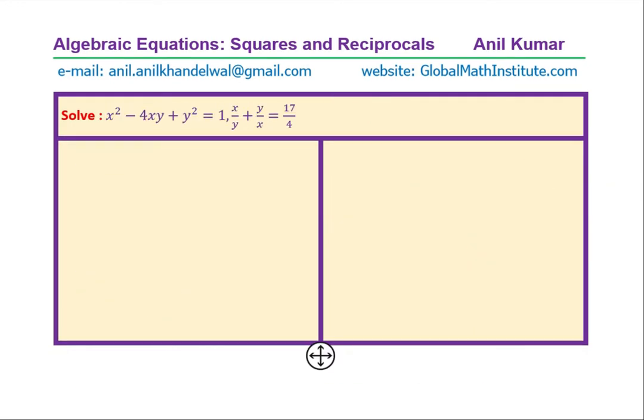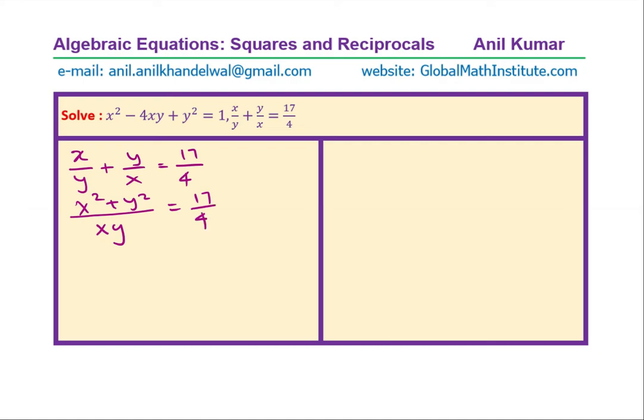So let us see how we solve this particular question. Let me begin with one of the given equations, x over y plus y over x equals 17/4. So if we take the common denominator, we'll get xy, and in the numerator, we get x squared plus y squared, equals 17/4.